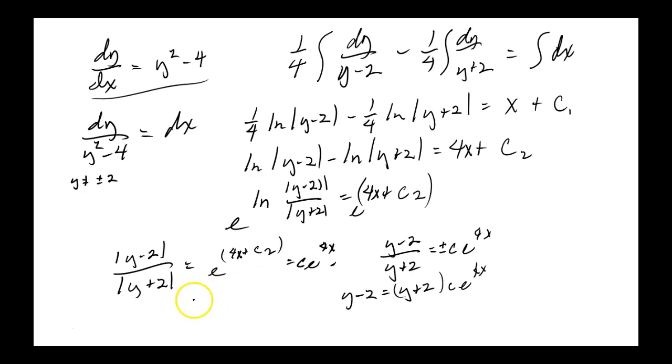Let's multiply through, and you have y minus 2 is equal to c y e to the 4x.